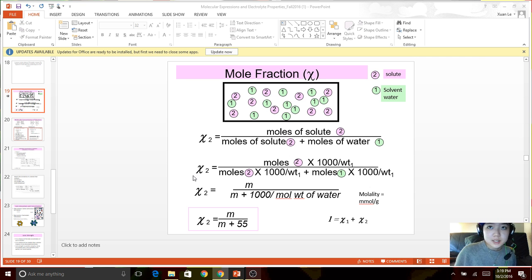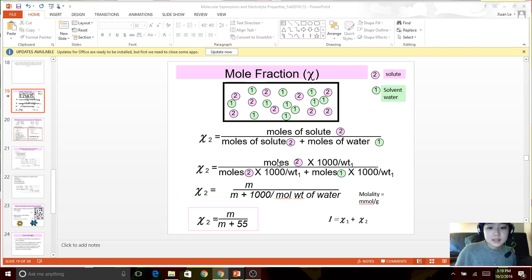So the next equation is a modified equation where we're going to multiply each component of the numerator and the denominator by 1000 over the weight. And just remember that molality is going to equal millimoles over grams. So when we multiply each component by 1000 over their weight, we're going to get the molality of that specific component.